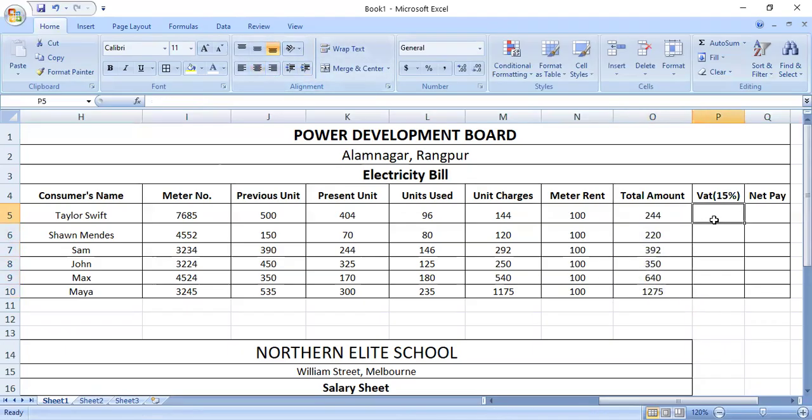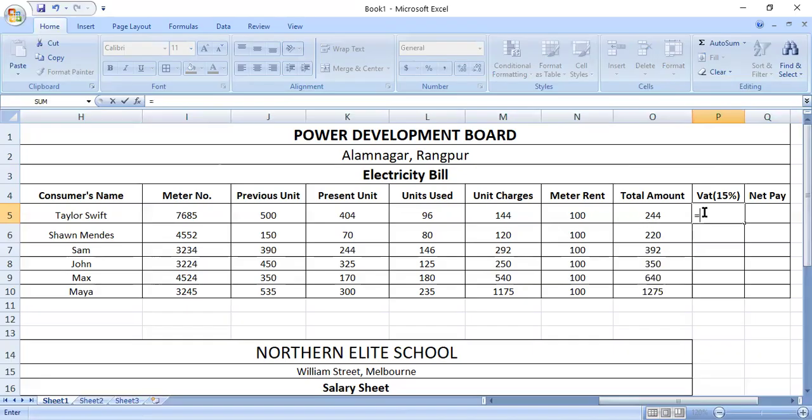Now what we need to do is charge VAT on this. So VAT, I have written over here 15%. Whatever VAT is charged in your board, you have to write that. Okay. So the VAT would be charged on the total amount. So the formula for it is equal, the total amount is column O, row 5.